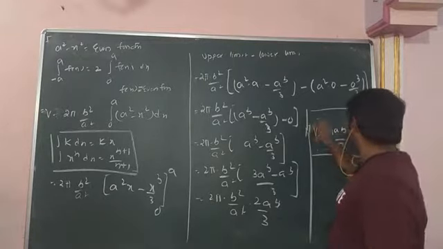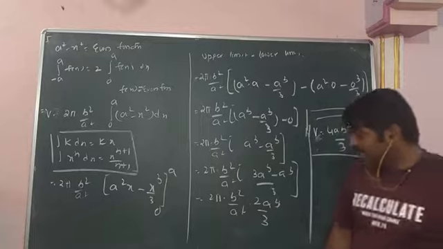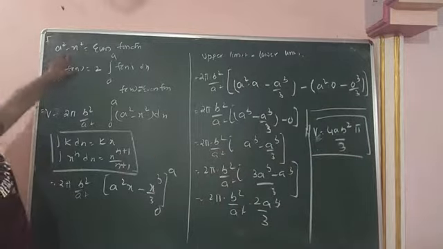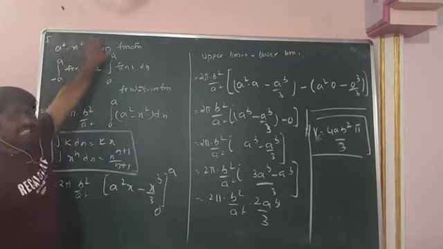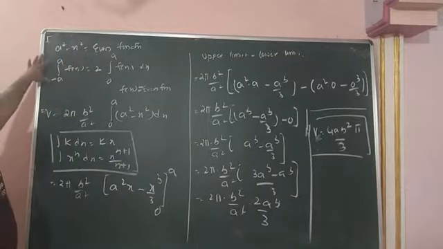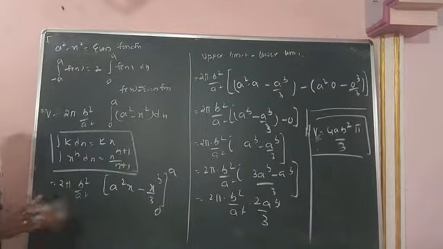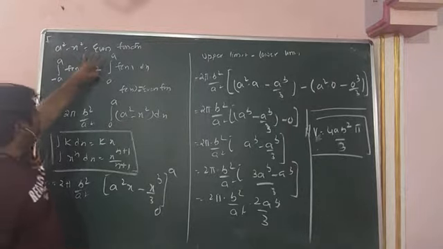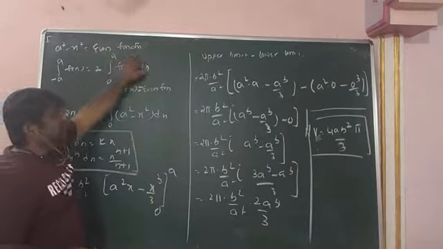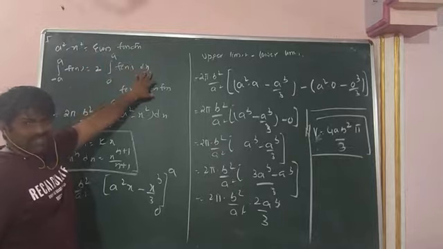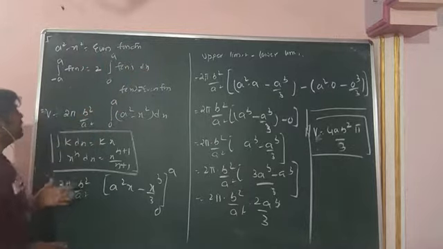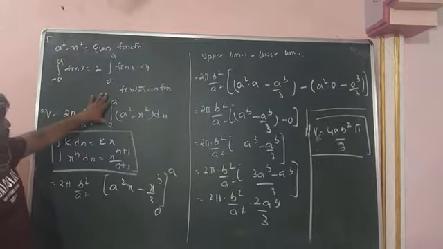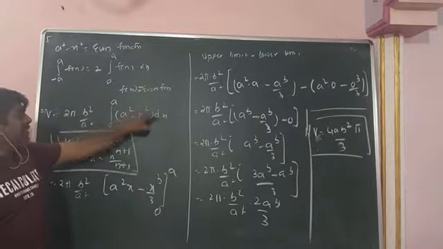This is the value. So how do we simplify? a square minus x square is an even function. If it is an even function, then integral from minus a to a f of x is nothing but 2 into integral from 0 to a f of x into dx, when f of x is an even function. And we write 2 into pi into b square by a square integral from 0 to a of a square minus x square into dx.